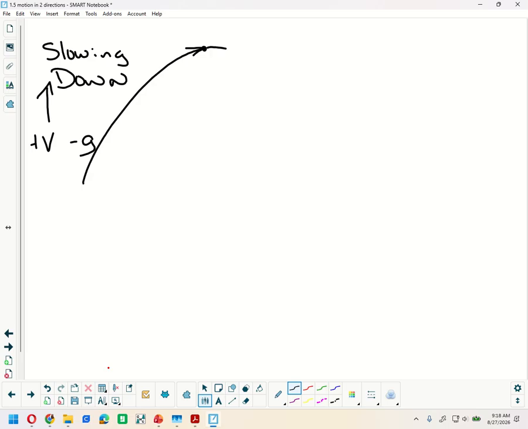Now from this point right here, my velocity changes. I'm going to have a negative velocity, and gravity is not changing, so gravity is negative. So I have a negative velocity and a negative acceleration. The signs are the same.